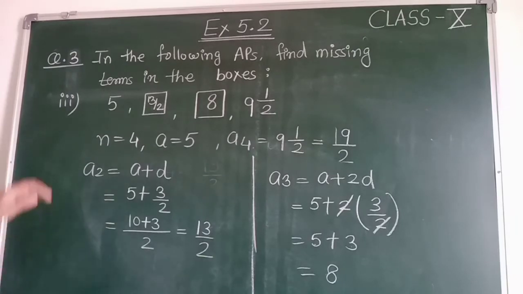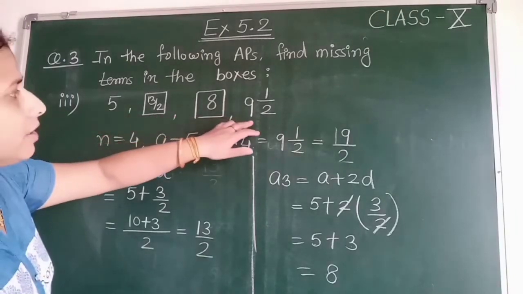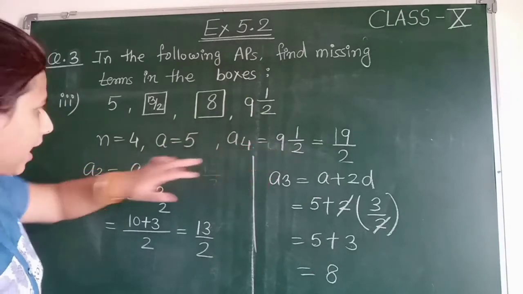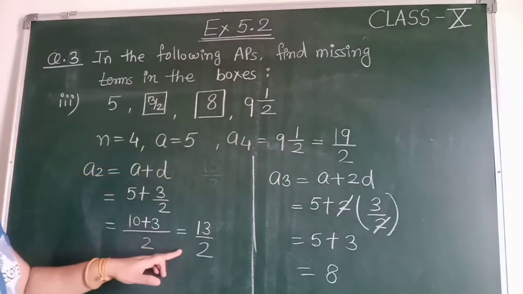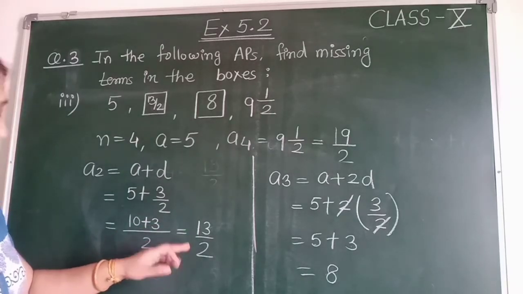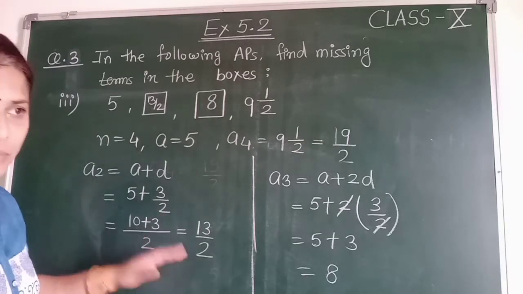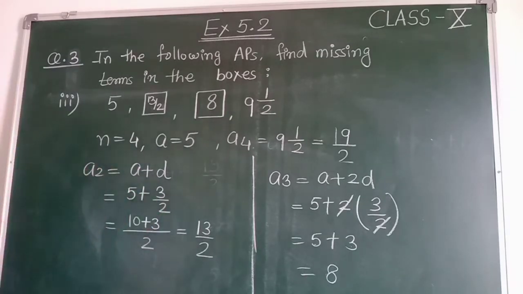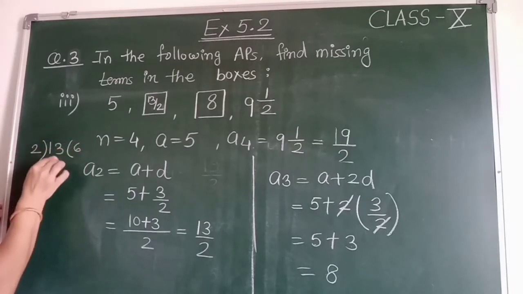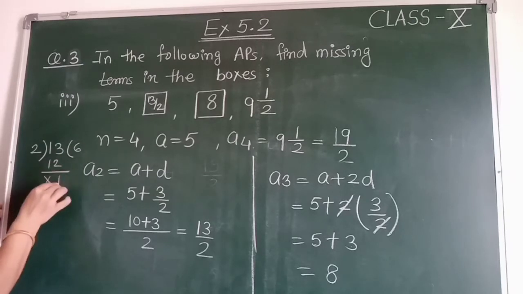Since, student, in this question your fourth term is in the form of a mixed fraction, and as we found our second term, 13 by 2, which is an improper fraction, we will convert this improper fraction into a mixed fraction. How can we? For that, we will divide 13 by 2. 2 6s are 12, and what will remain?